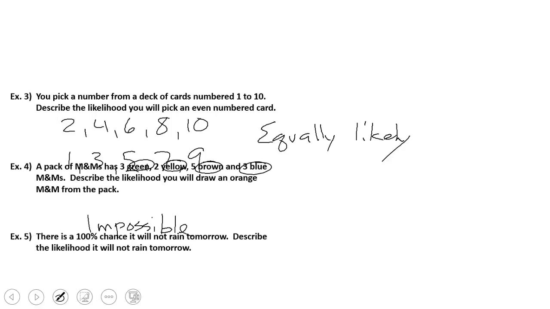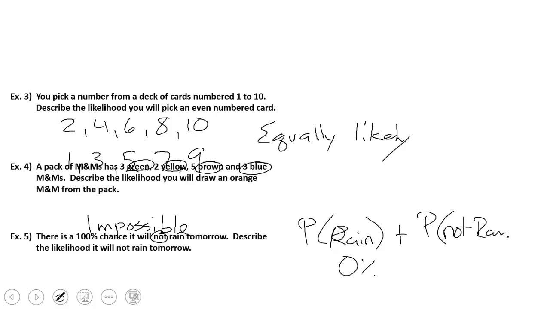And the last one: there is a 100% chance it will not rain tomorrow. Describe the likelihood it will not rain. Here we have not, that complementary event. So the probability that it will rain would be 0%, plus the probability of not rain, that's 100%.